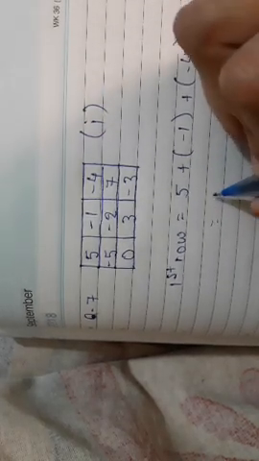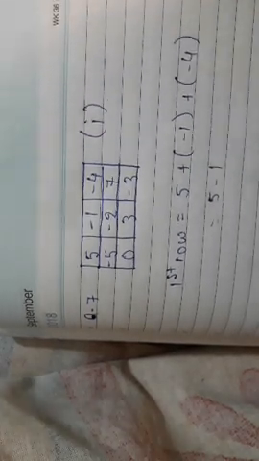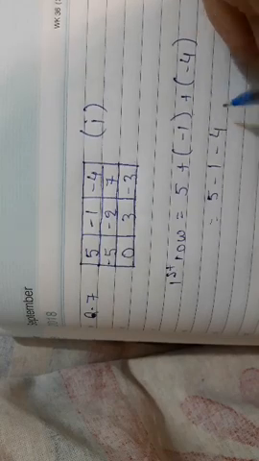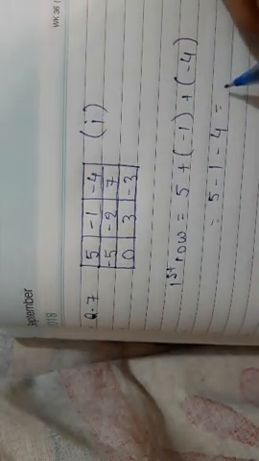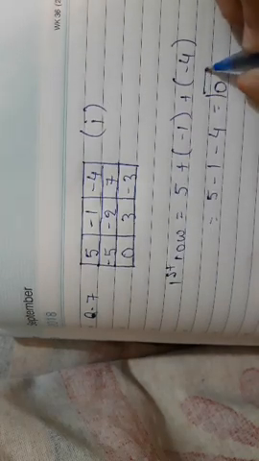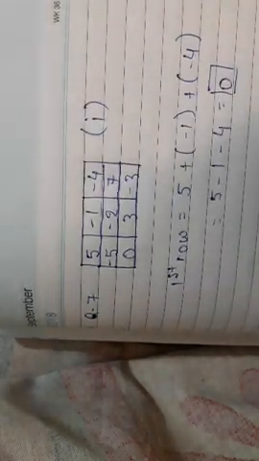that is this row. This will be 5 plus minus 1 plus minus 4. So this will be 5 minus 1 minus 4. So 5 minus 1 is 4, and 4 minus 4 will be 0. So for the first row our answer is 0.